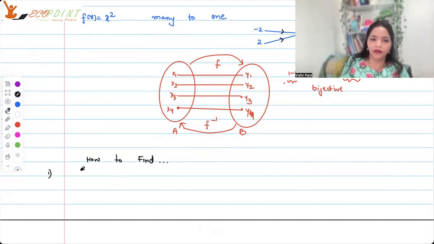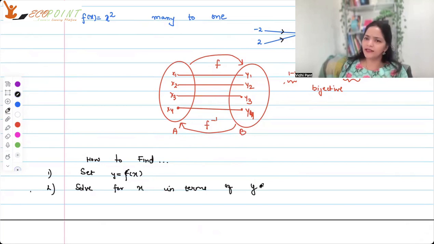You have a function y equals to f(x), right? You set the function y equals to f(x). Now what you have to do is solve for x in terms of y, just the way we do for our range.